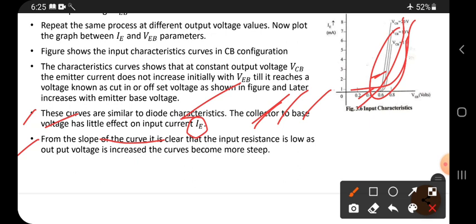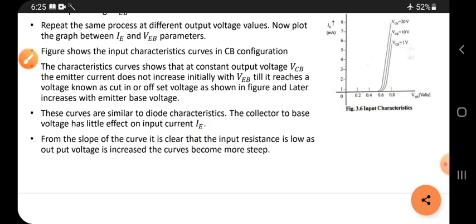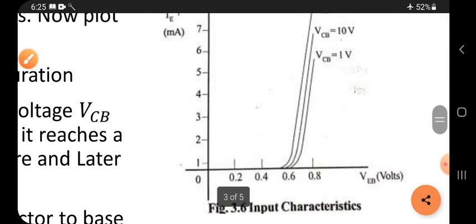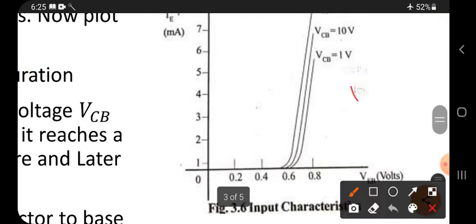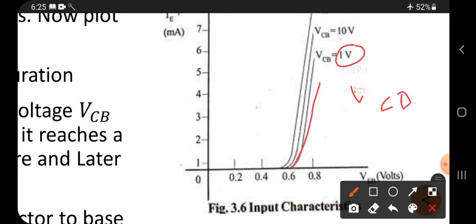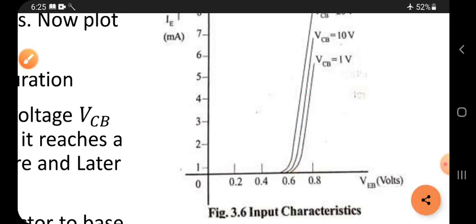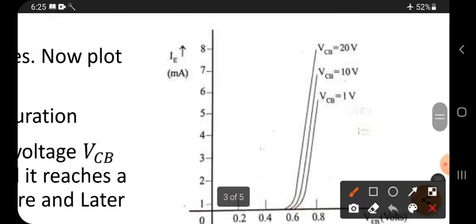As output voltage is increased, the curve becomes more steep, means more sharp. Here see, as VCB is increasing, the current starts before only. Again if you increase the voltage, the current starts even earlier, and it reaches maximum value.